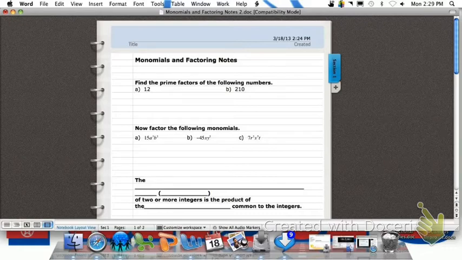What we're looking at is, if we look at 12, factors of 12, you might think to yourself, well, 6 times 2. Well, can 6 be broken down any more? Yeah, 6 can be broken down to 3 times 2. Can 2 be broken down anymore? No. So 2 just comes down as well.